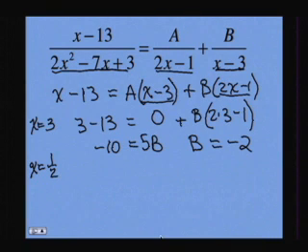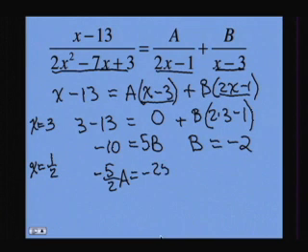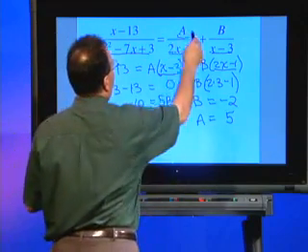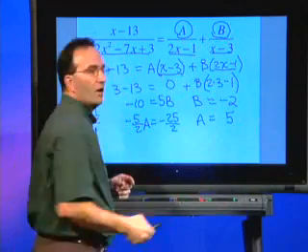And what we get this time, I'm going to shortcut it, is we get negative 5/2 a is equal to negative 25/2. And that means that a is going to be equal to 5. Now, how does that help us? Well, we now know what both a and b are.